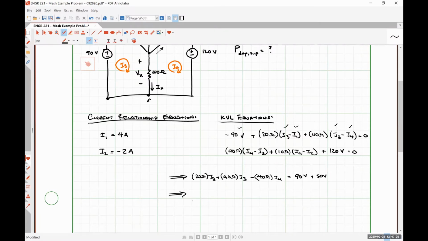In our second equation, we're going to see negative 40 ohms times I3, which takes care of this guy.